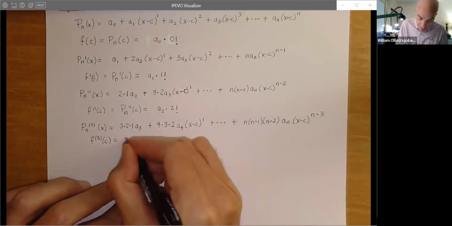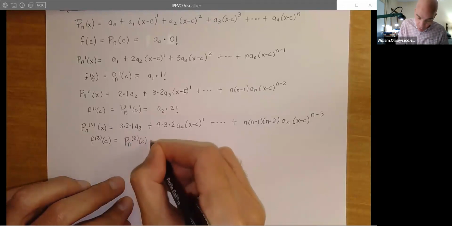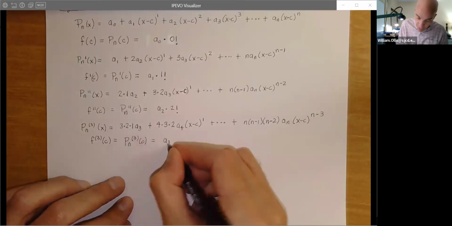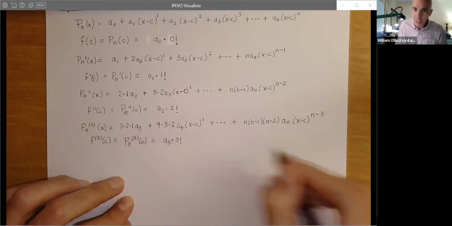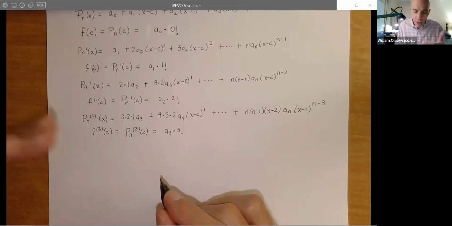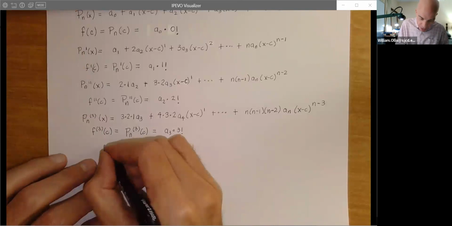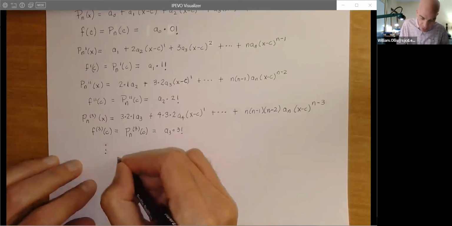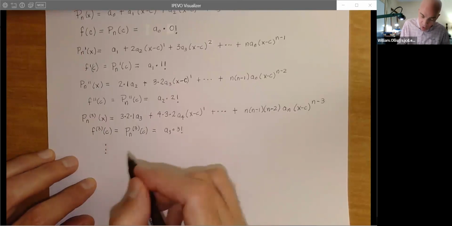So this will be p sub n third derivative at c, which will now just give us a sub 3 times 3 factorial. So this is an inductive argument, where we see that each step depends on the previous step.